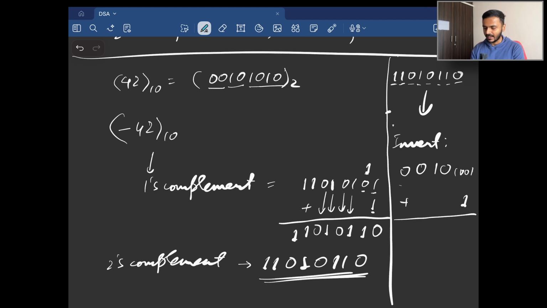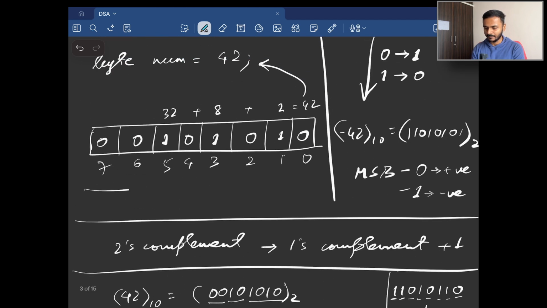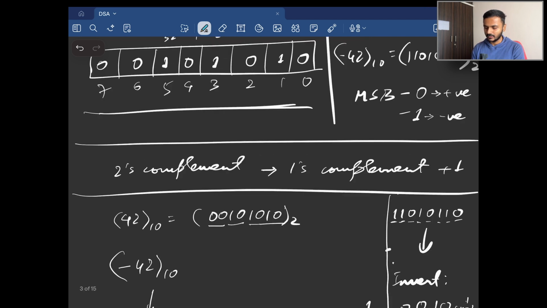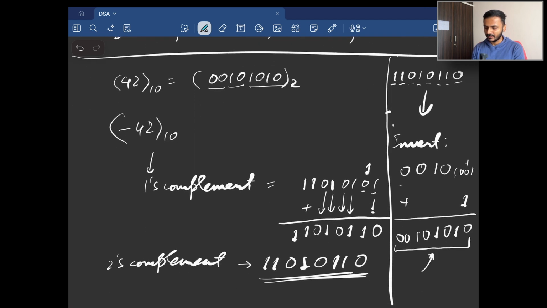So 1 and 1 is 0 with a carryover of 1. Then we will have 1 and 0, which is 1. Then we will have 0 and then 1 and then 0, 1, 0, 0. Now this must be looking familiar, right? We have 00101010, which we know is the binary equivalent of 42. So what do we have? We have 42.